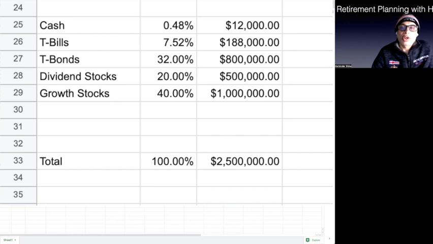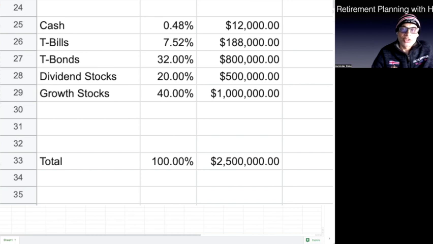If you are in the early age of your retirement, this is a good distribution. You have 40% in your bonds, 20% in your dividend stocks, and 40% in your growth stocks portfolio. So it's still considered a 40-60 distribution, that means 40% in bonds and 60% in stocks.